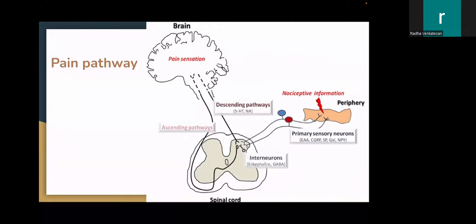What happens next? When the stimulus is there, you also have some release of mediators, which you can see mentioned in this picture. Always in our body, we have many chemical, electrical connections.